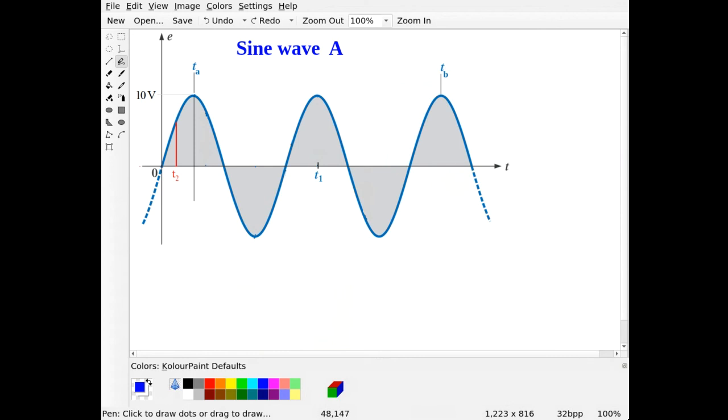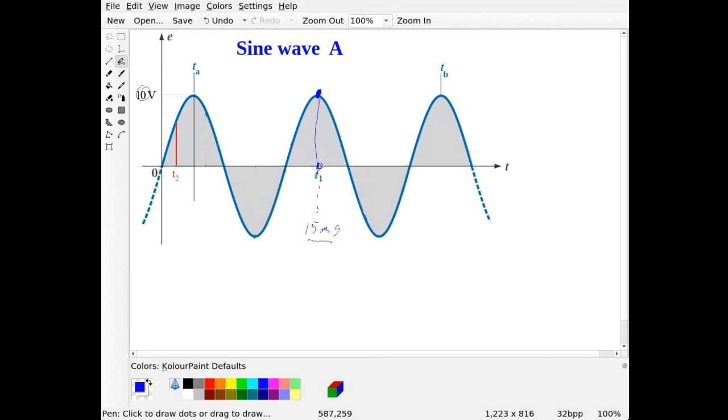We know that the peak value is 10, and we know that t1 is 15 milliseconds. So at this point right here, that is 15 milliseconds, and that's the peak. Sometimes it's really hard to tell there, but that's the peak.